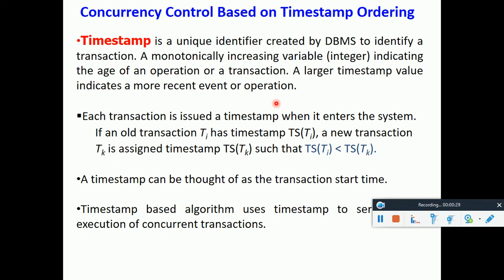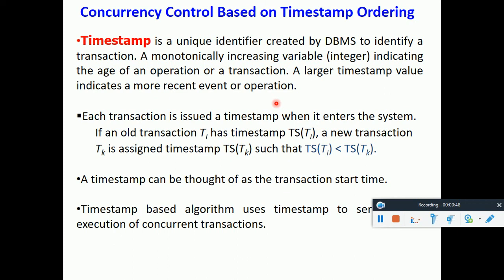If you have a greater timestamp value, then you are younger in comparison to the transaction which has a smaller timestamp value. This concept you can understand with the help of an example, where we consider the timestamp as a birth year.